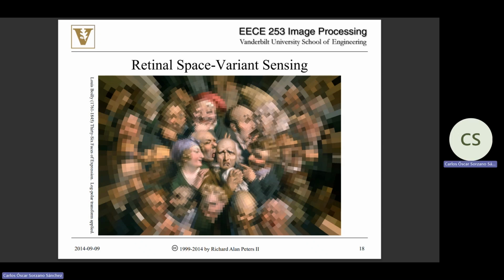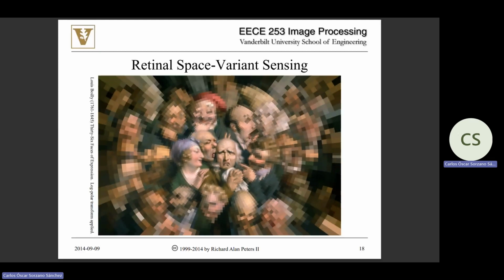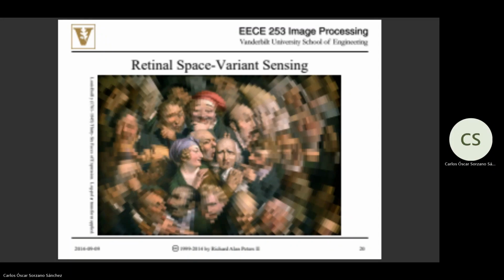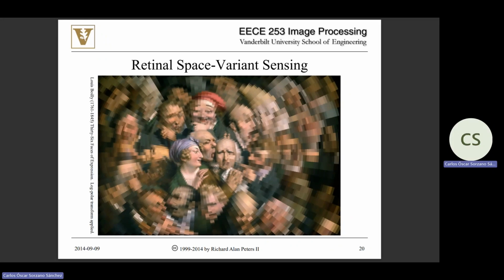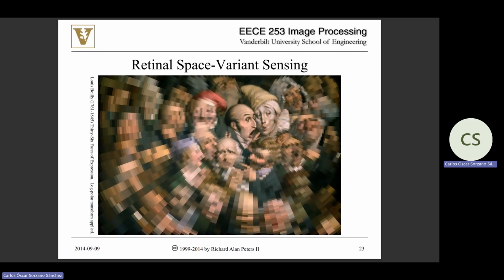And then what you do is you move your fovea. So the face of this guy here is in focus, and then you move the fovea to somewhere else, and now this girl is in focus, and you keep moving your fovea everywhere.